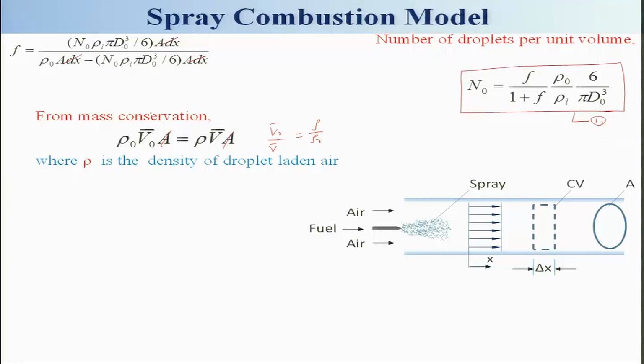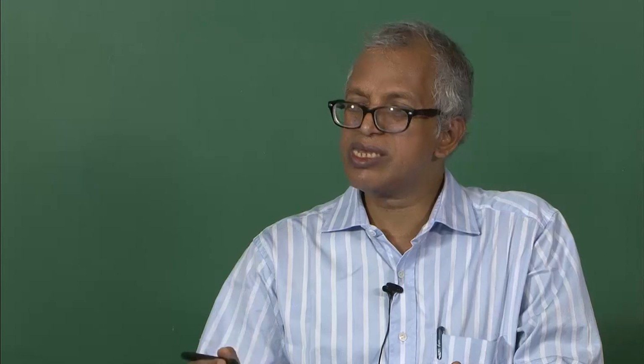This V naught average, I can write down, is the average velocity at x equal to 0, the average velocity of the fluid, right. We will stop over here and discuss in the next one, because it will take more time.